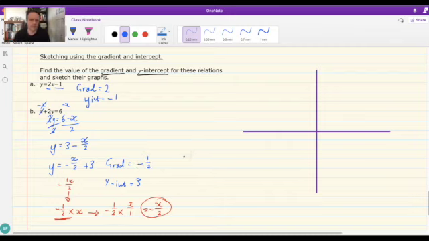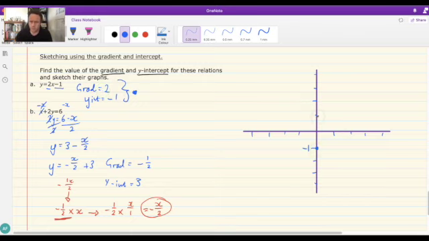Okay, so now let's plot these. The first one, let's do that in blue. We want the y-intercept. Let's put some marks on this first. So the y-intercept is -1, so that's down here, and the gradient is 2, so that means for every 2 it goes up, it goes 1 across.